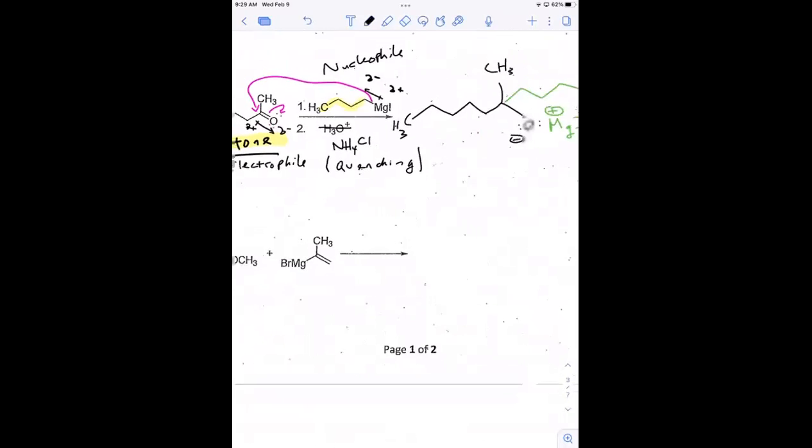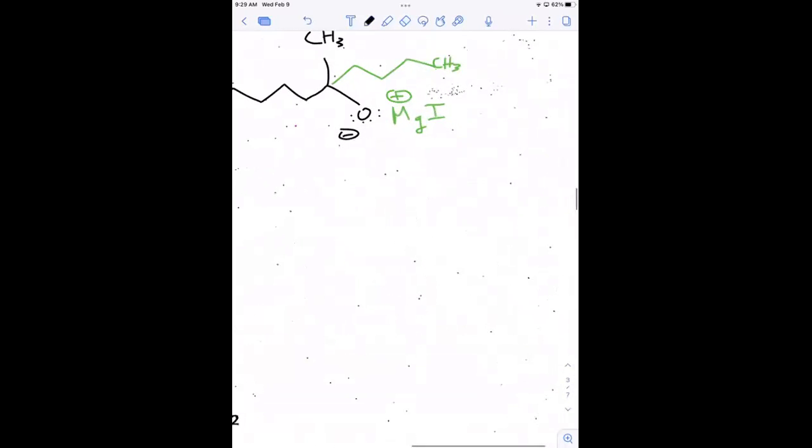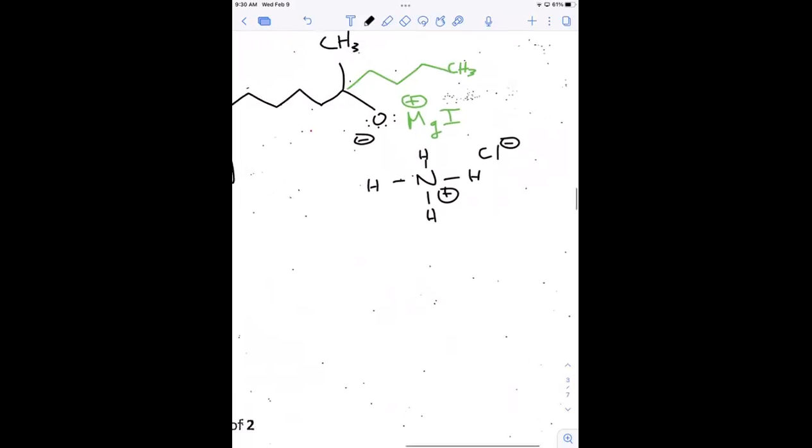So I'm going to take that ammonium chloride, which looks like this. So it's a nitrogen with 4 hydrogens on it. And that's positive, and it's a source of salt with nitrogen, the ammonium cation, and then a chlorine anion, right? So this is just a simple proton transfer.